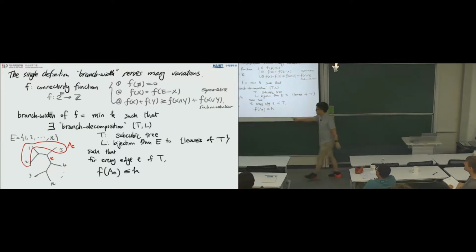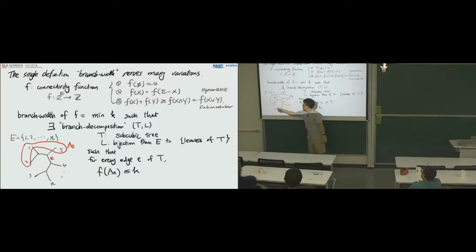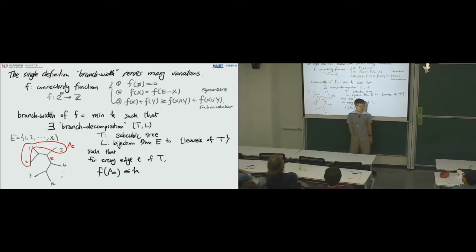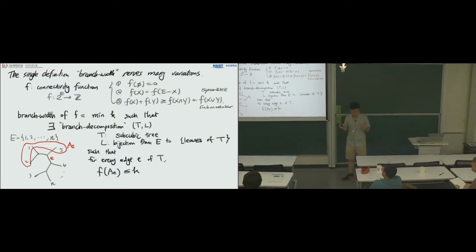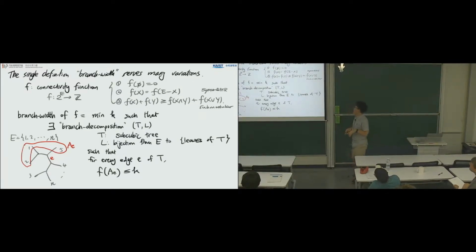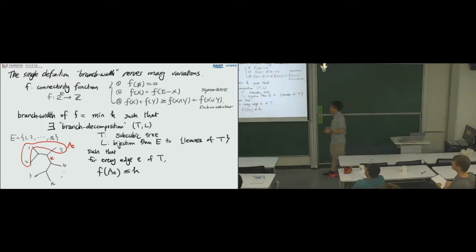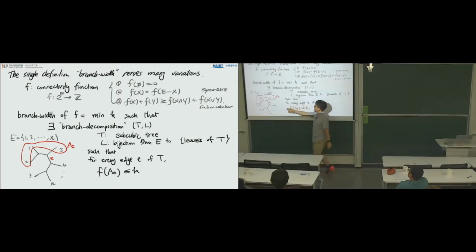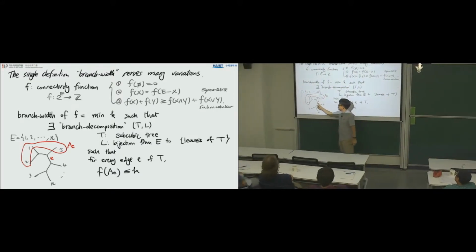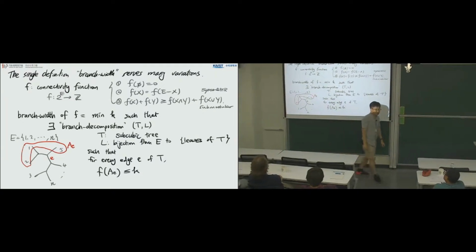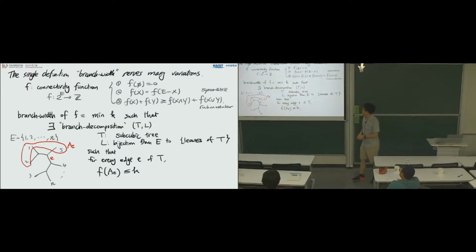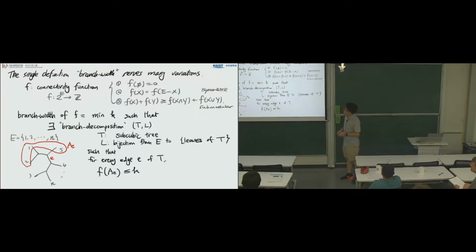So this is one example where you have a tree where internal nodes have degree 3, and leaves are labeled by the elements of the ground set of this connectivity function, such that whenever you look at an edge of the tree, the connectivity function of this set of elements induces a small value. So that's the branch width. It's the minimum k such that such a thing exists.